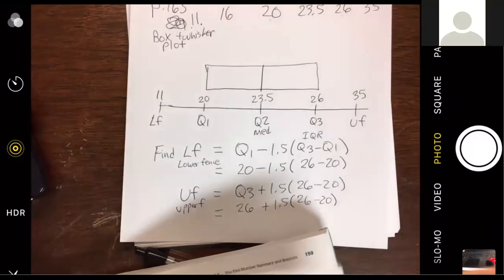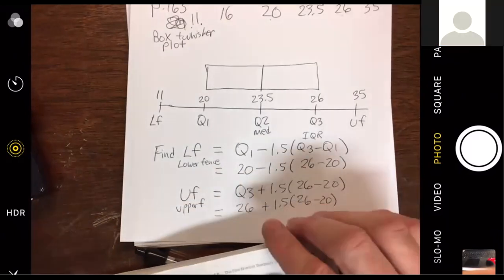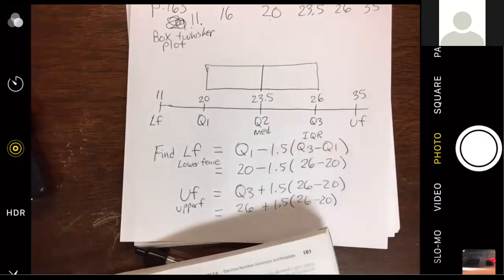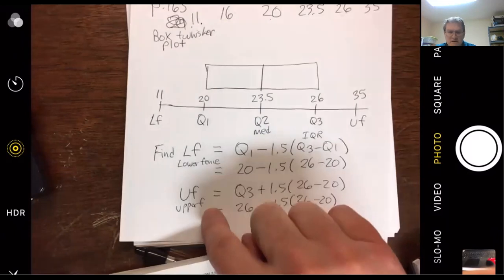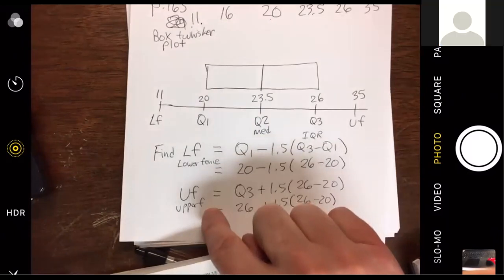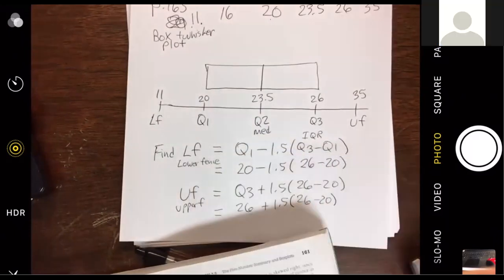My question is, though I'm not using a calculator, 27.5 times 6, I don't see how it is 35. You talking about this upper fence? Yes. Did I blow that? Let me punch it again.